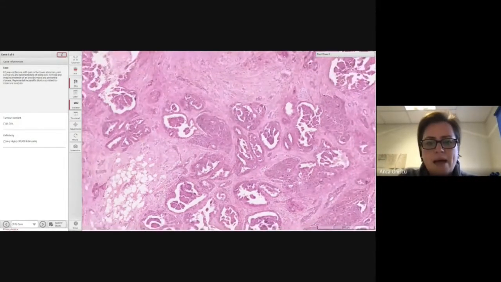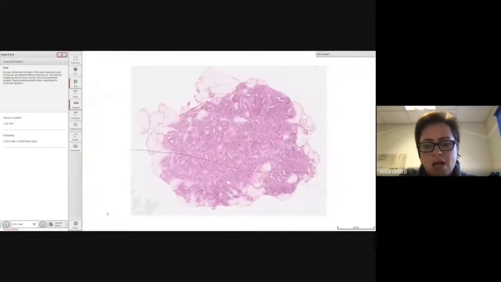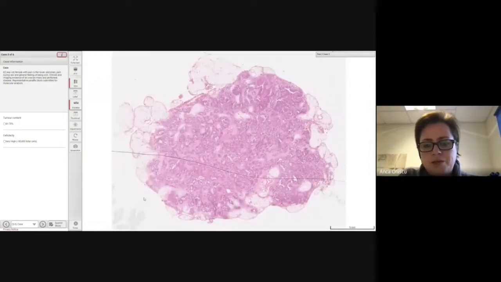So if we go back low power, we can see that actually the parts of the peritoneal tissue or the fatty tissue that's present are very, very low cellularity. Those punched out spaces, the fatty cells, are not going to contribute significantly. There is absolutely no need to macrodissect on this case.